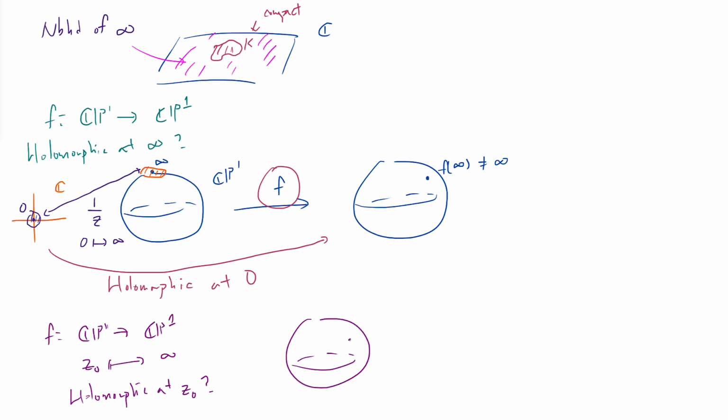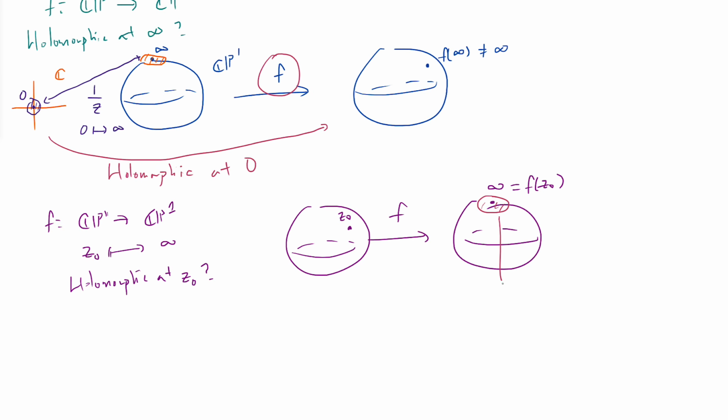But if it's not, let's say this is c naught, and then I'm mapping by f, and this c naught is getting mapped to infinity. What you can do is now, rather than doing the identification here in the domain space, I can do it in the codomain as well, right? I can just think about this 1 over z mapping, which is going to map this set to some local neighborhood around 0.